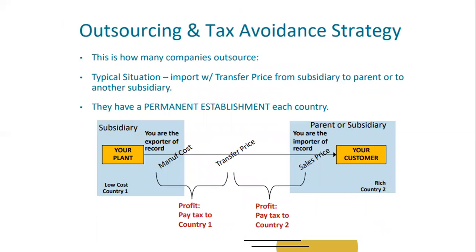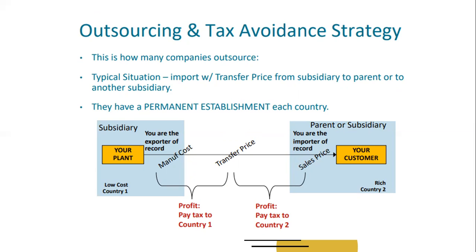Companies like to avoid paying taxes, and if you have a permanent establishment in any country, which basically means you own inventory or property or anything that generates value, let's say you have some employees, in that case you have a permanent establishment in a country.